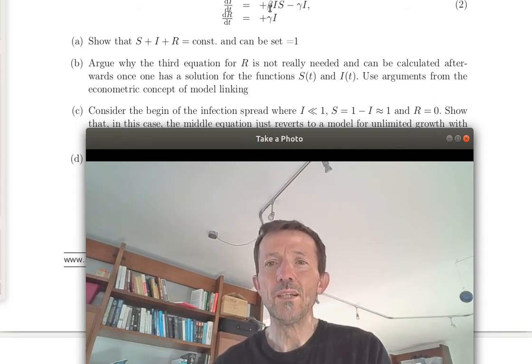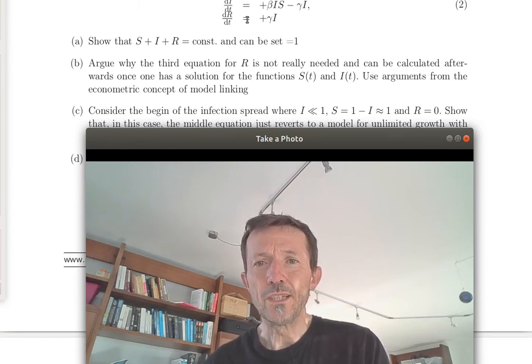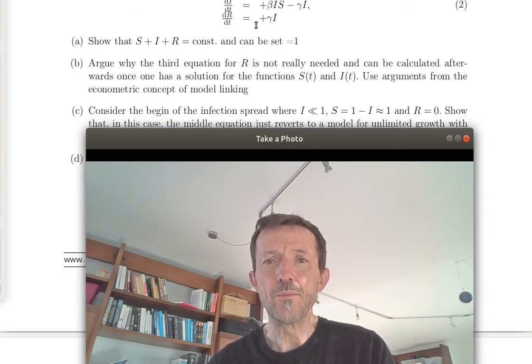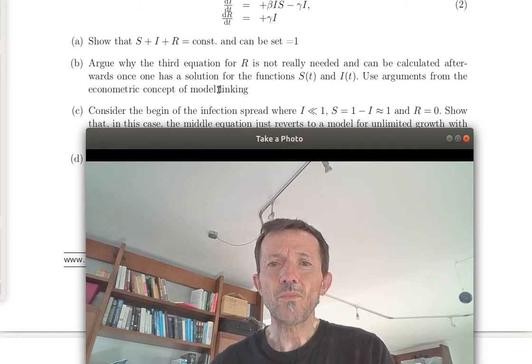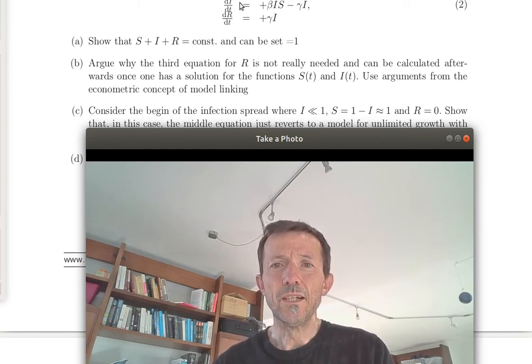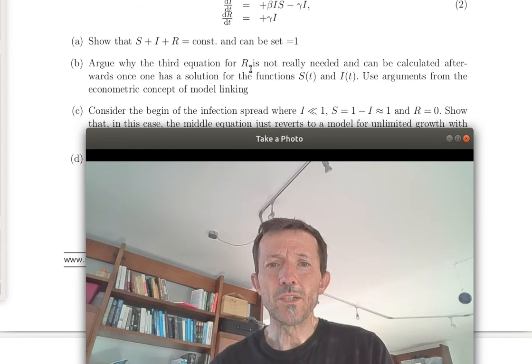So that means we can completely calculate the first two equations and then just calculate afterwards the rate of recovered over time. So that's basically model linking. The first two models are linked to the last equation. So that was B. Now we come to C.